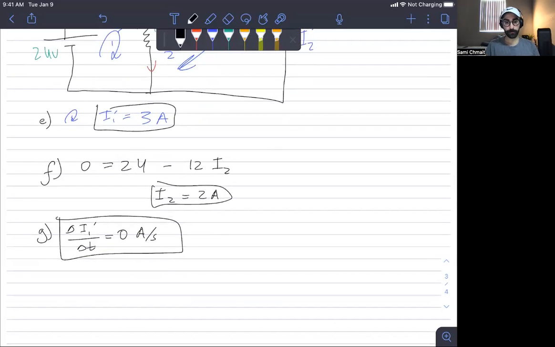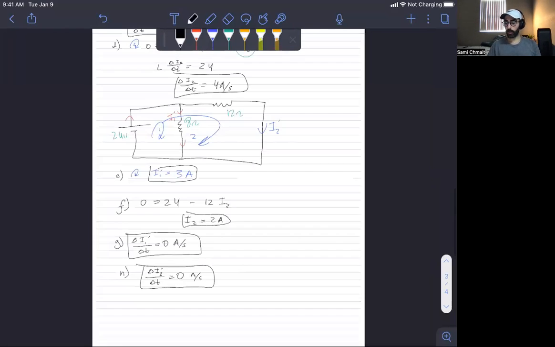However, in H, we're at steady state. So remember, at steady state, what is the inductor? It's a wire. There's no change in current in the wire. Again, it equals 0 amps per second.